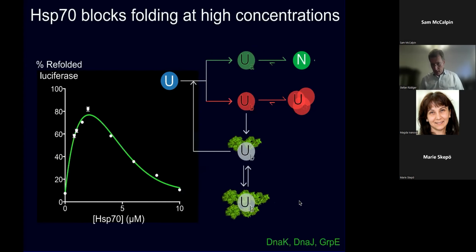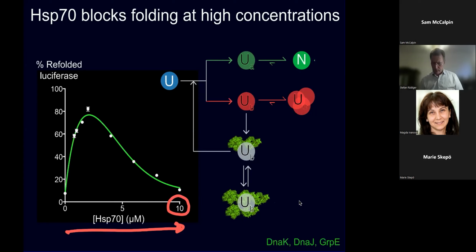However, if you now increase the HSP70 concentration further, you should say, I mean, if I have more and more, it should be better and better. But in fact, if we increase the HSP70 concentration further up to 10 micromolar, what we do see is that the enzymatic activity of luciferase is basically back to the beginning.